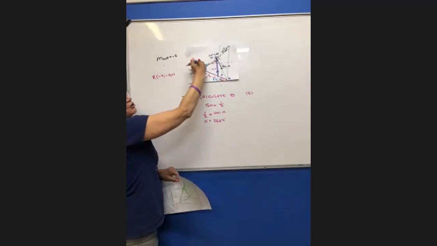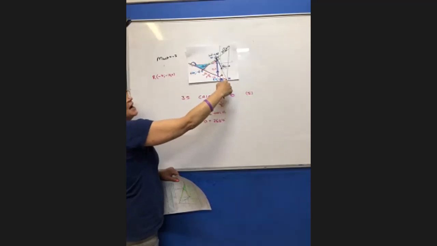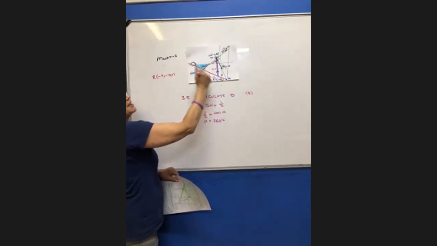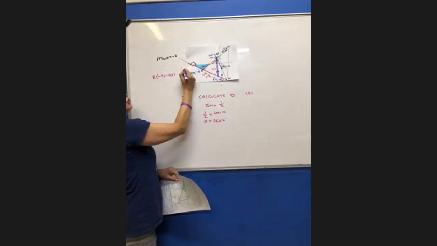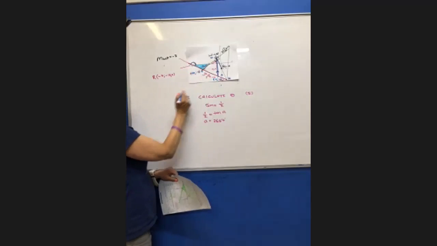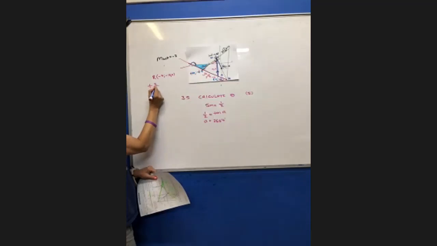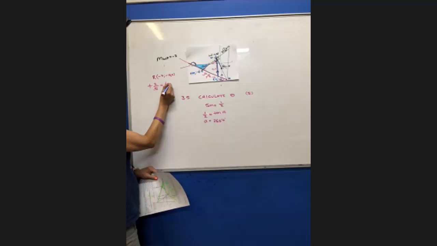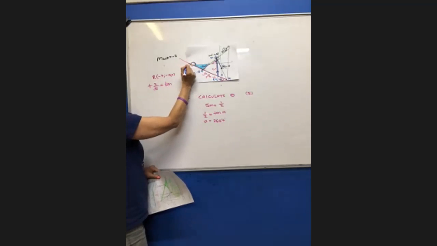Now, do you agree we've got the gradient of this line? Now it's a negative gradient. I've always told you that if your gradient's negative, if you make the gradient positive, that will equal tan, but not of beta, of the acute angle on the other side.